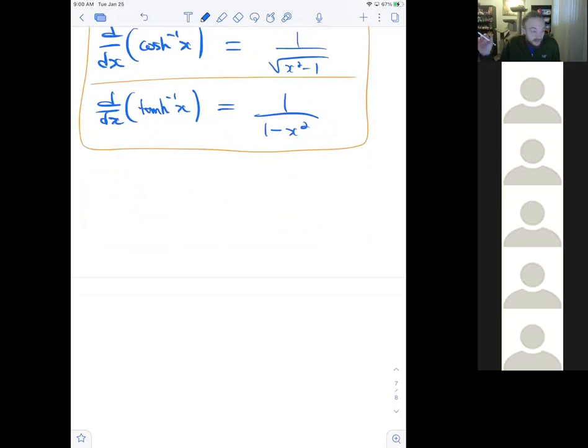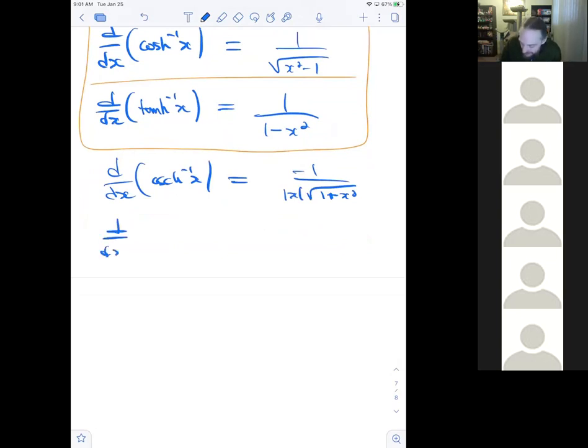And then the other three are the derivative with respect to x of inverse csch of x is equal to negative 1 over the absolute value of x, the square root of 1 plus x squared. The absolute value comes in play when we have to look at the domains of the inverses, remember?